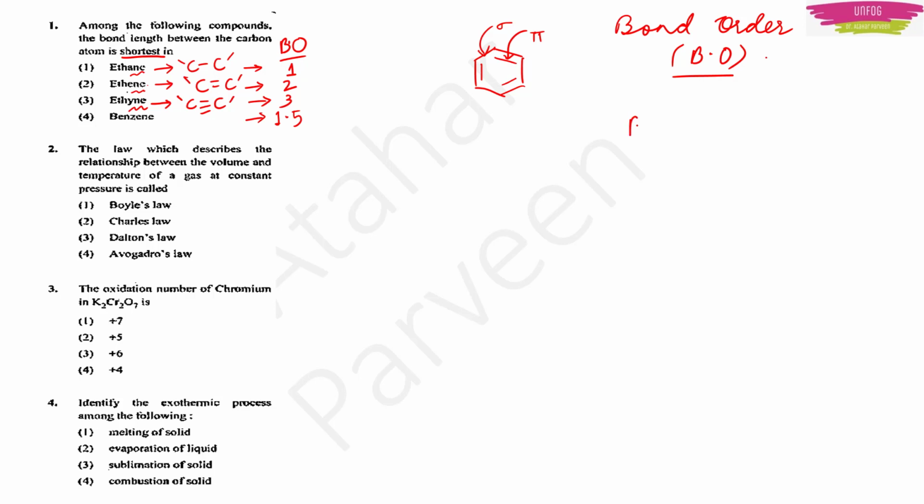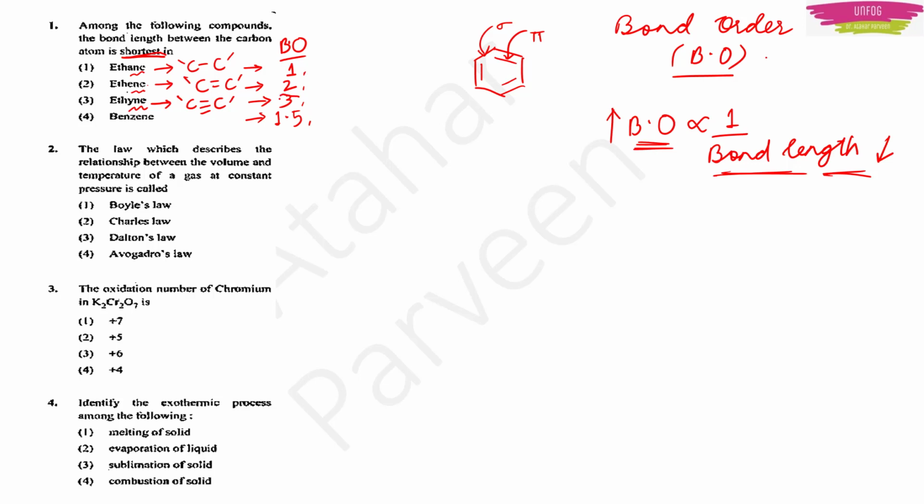The relation between bond order and bond length is that bond order is inversely proportional to the bond length of the carbon atoms. He is asking for the shortest bond length, so I should find the compound which has the highest bond order. We have bond orders 1, 2, 3 and 1.5.